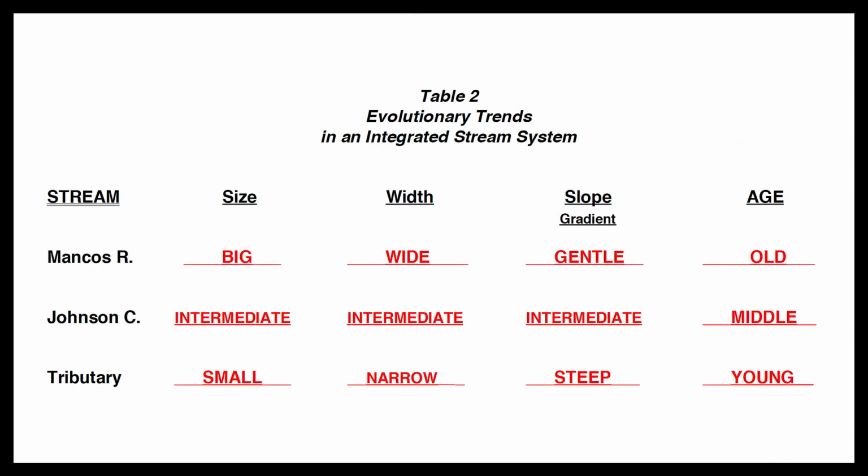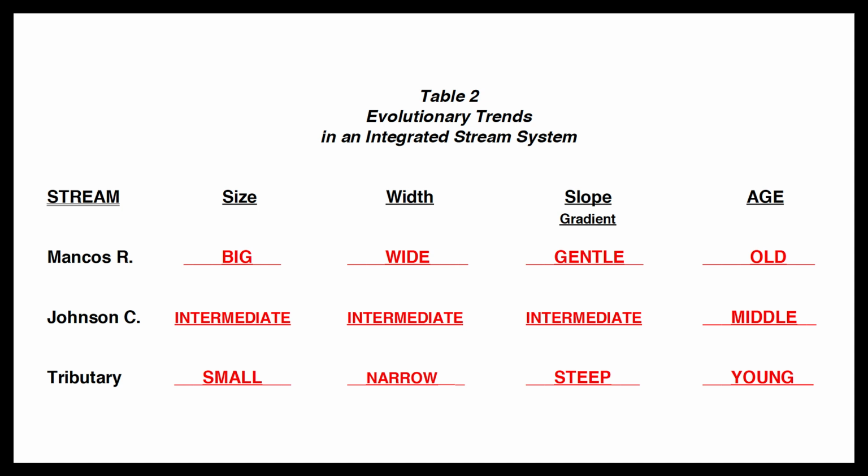Now, when we look at that, that kind of makes sense because through channel downcutting and stream headward erosion, we tend to get a very much preserved long profile that's steep in the back, and in any particular location, the slope gradient is becoming more gentle.